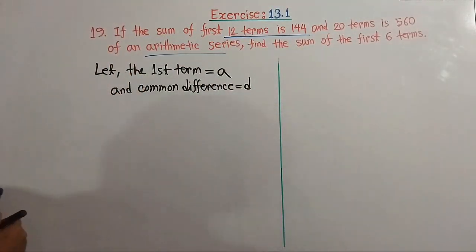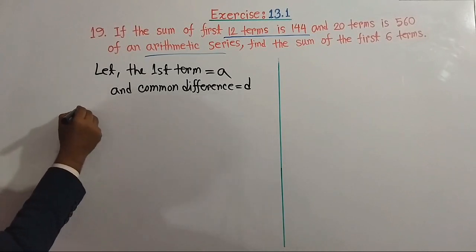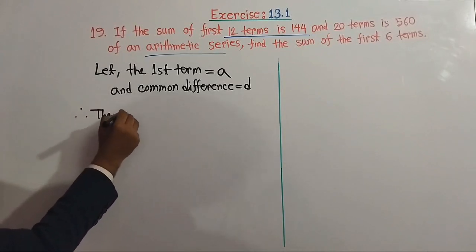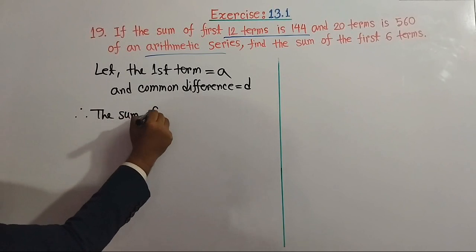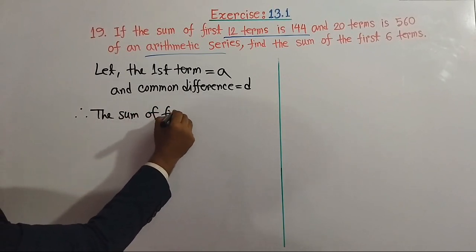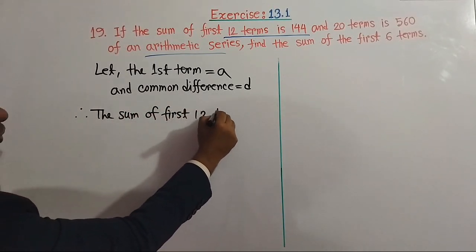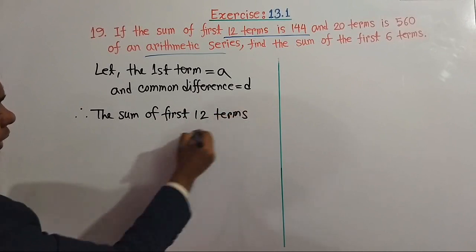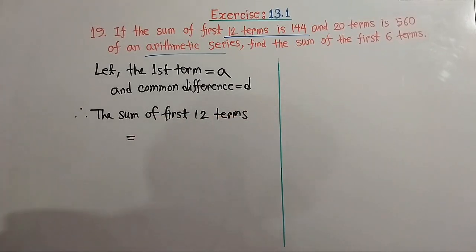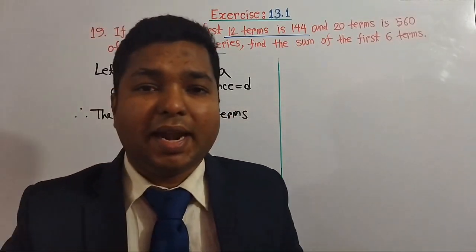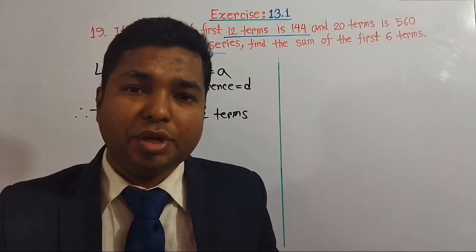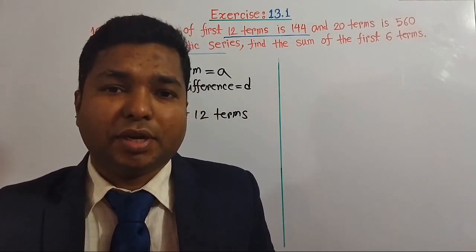So at first we write the sum of the first 12 terms equal to, here you all know the formula, the sum of an arithmetic series is n by 2 into 2a plus n minus 1 into d.